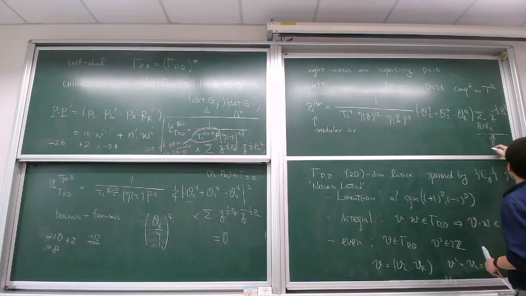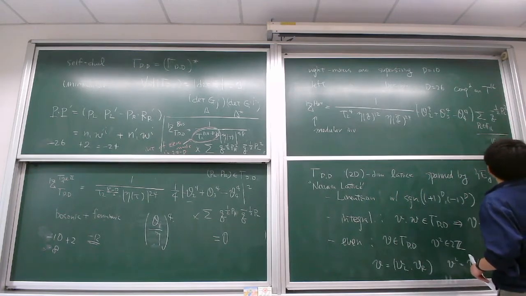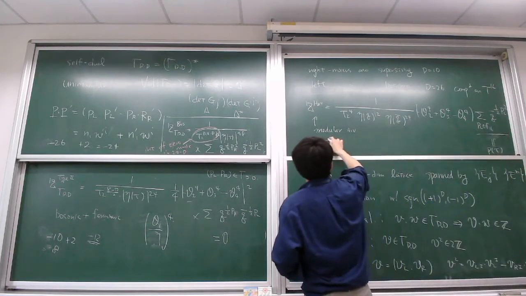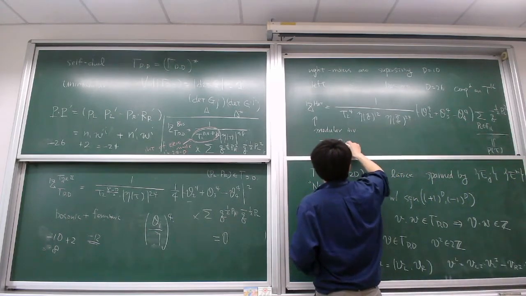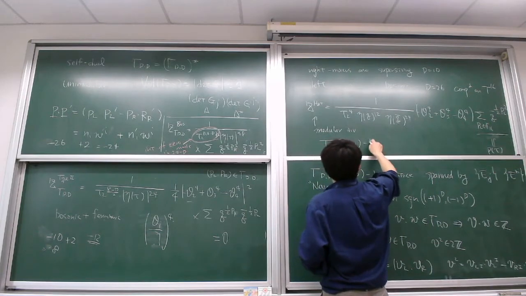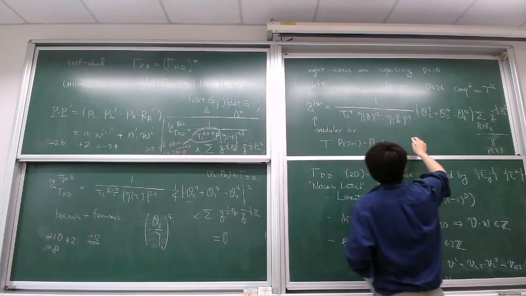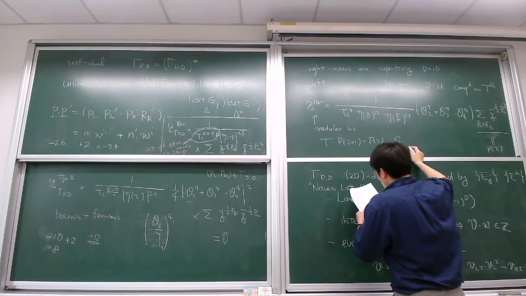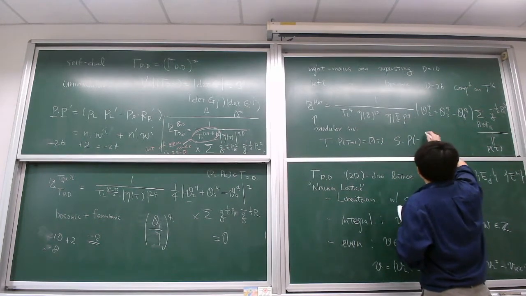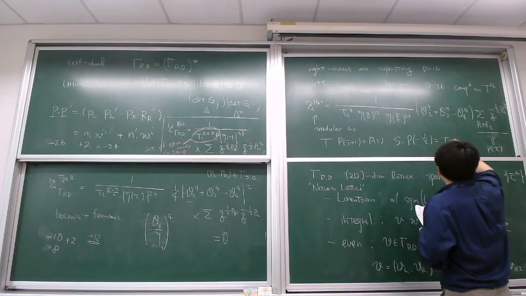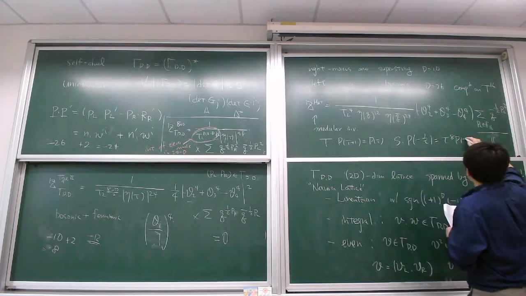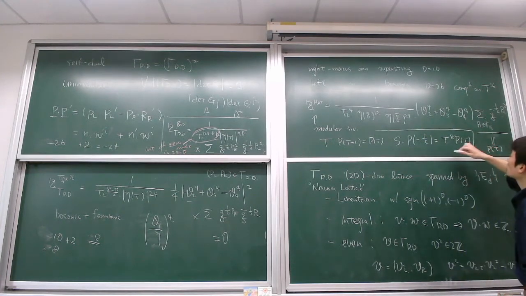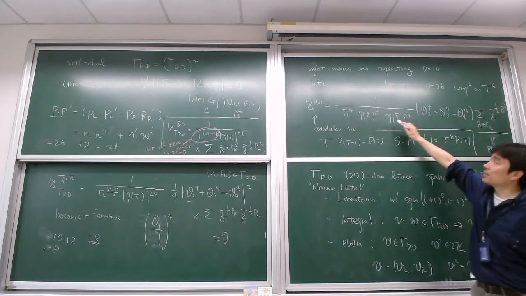Let's call this one P of tau. P of tau plus 1 has to be equal to P of tau, and under S, P of minus 1 over tau is equal to tau to the 8 times P of tau. This follows from the modular transformation of theta.